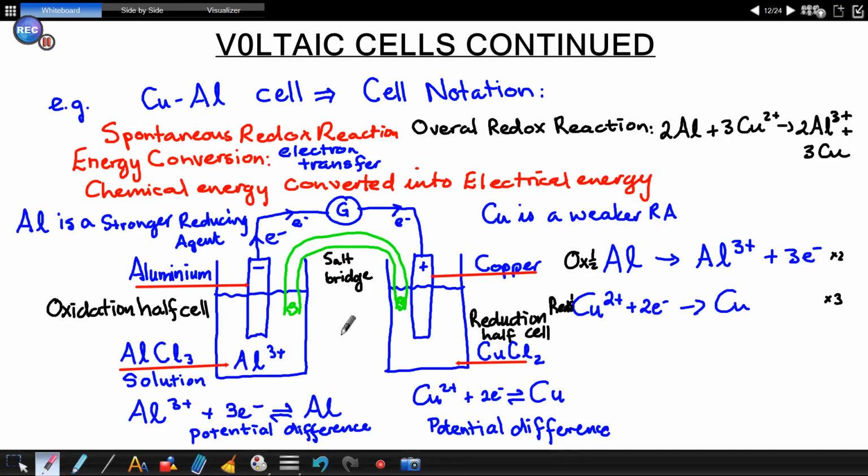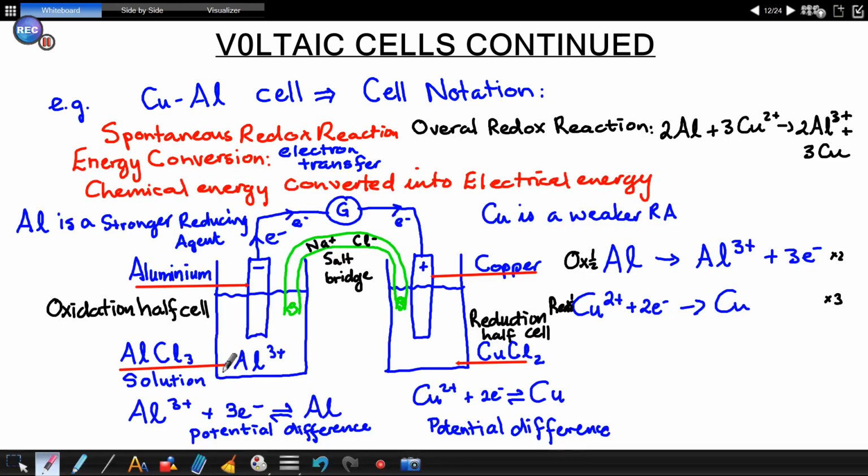Help me. What's the salt bridge doing? It's completing the circuit. It's closing the circuit. And in the salt bridge, you'll, for example, have sodium ions and chloride ions. I'm choosing that as a salt for the salt bridge.